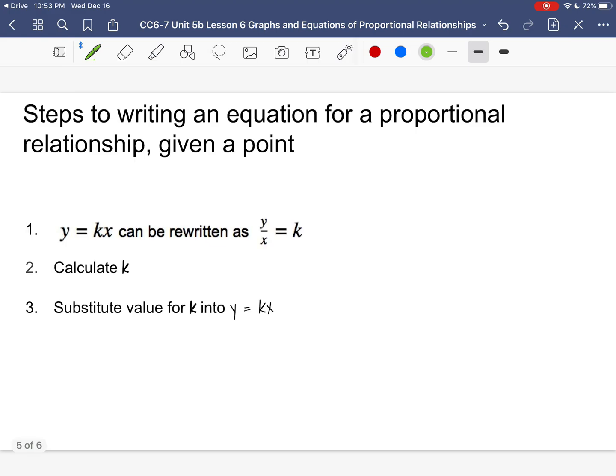So to write an equation for a proportional relationship given a point, you need to calculate k by dividing y by x, and then substitute the value for k into y equals kx. So you saw where we had y equals kx, and we had calculated k as being 2 over 5, and so we had y is equal to 2/5 x.